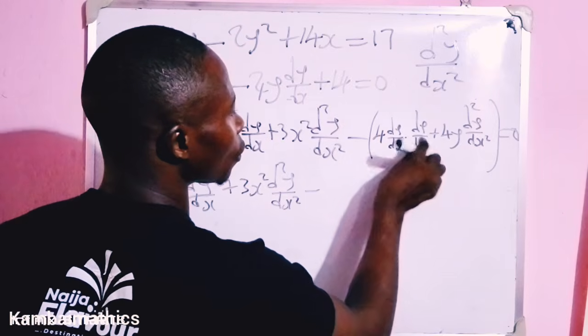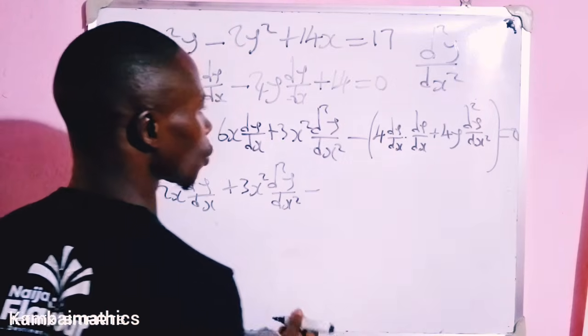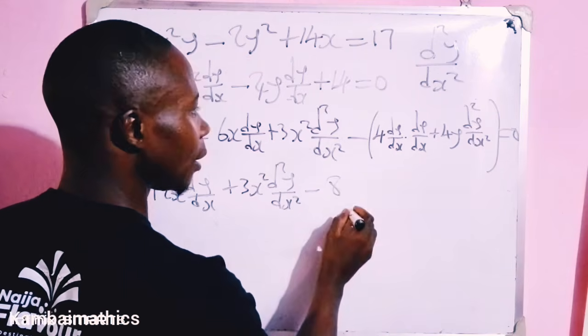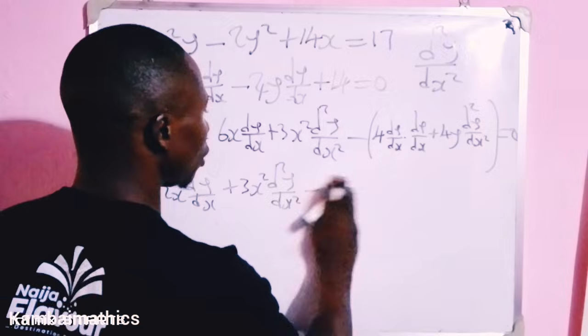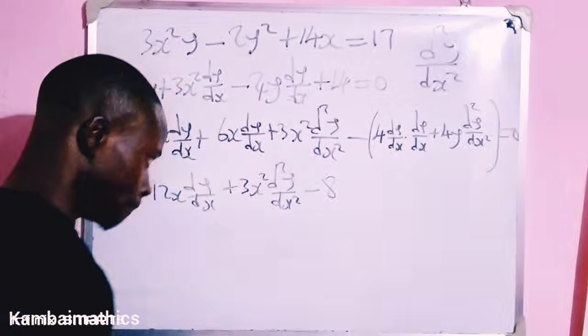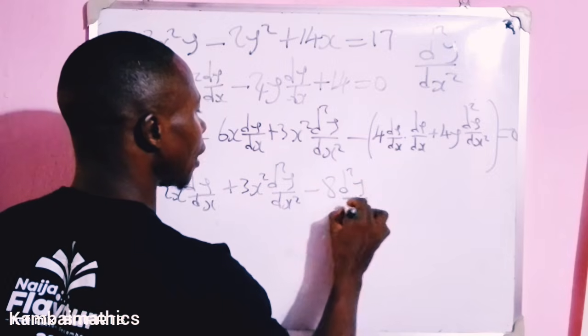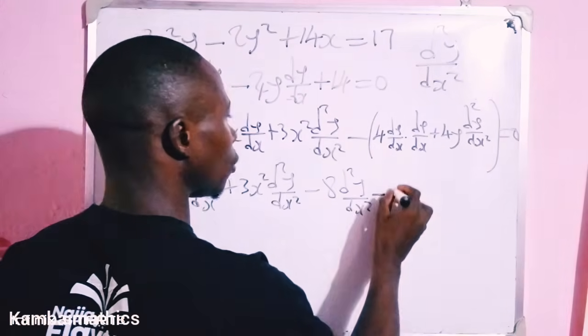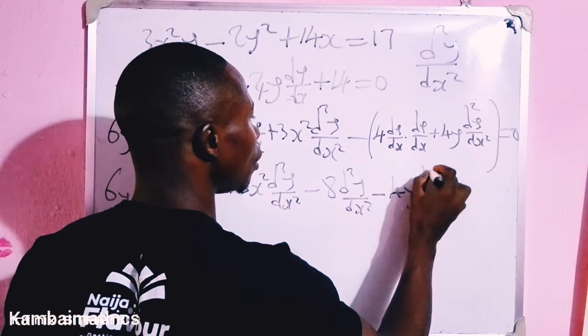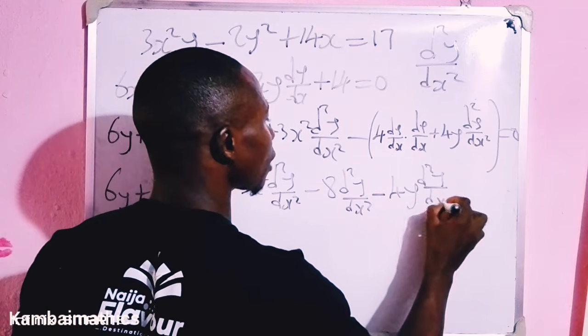When you times this squared, this one also, so it will give us minus 8 dy all over dx squared, and then minus 4y d²y all over dx², all equals to 0.